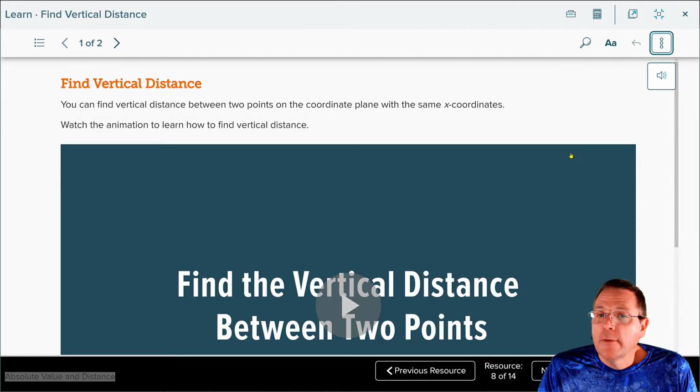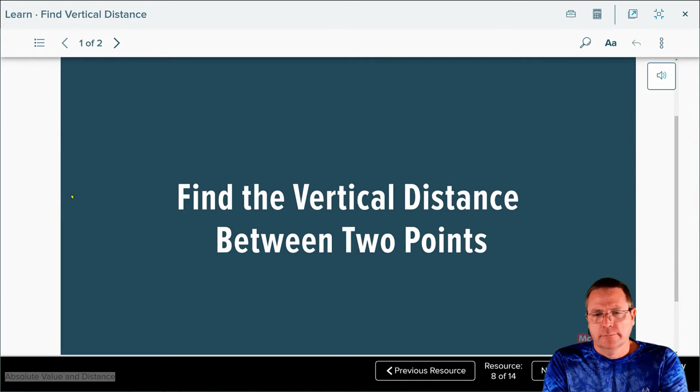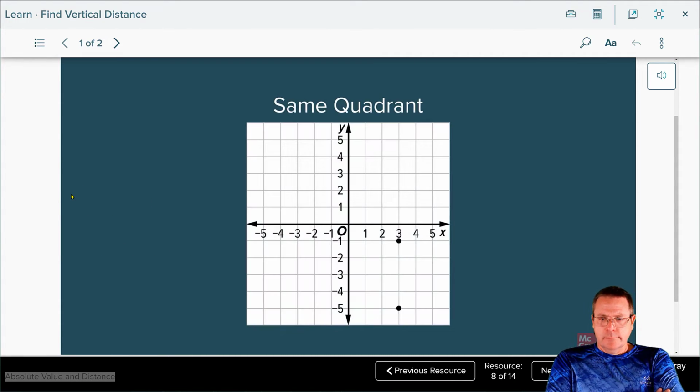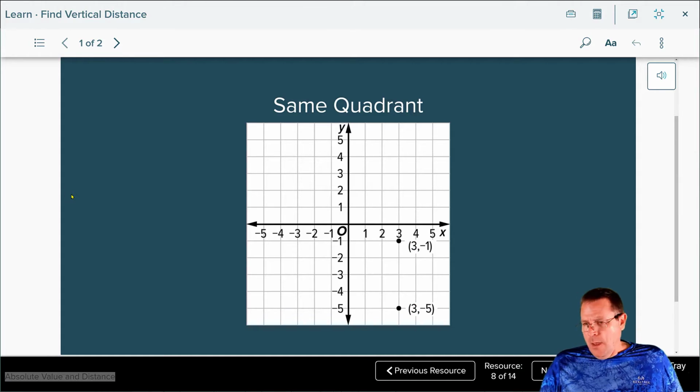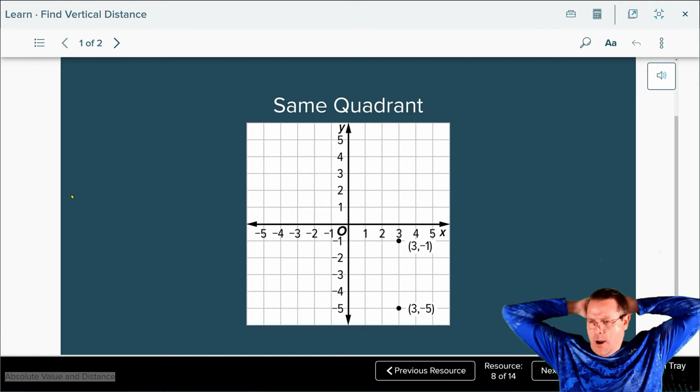Now we're going to find the vertical distance, which is going to be pretty much the same thing. When 2 points are in the same quadrant, and they have the same x-coordinate value, use the absolute value of the y-coordinates to find the distance between the 2 points.